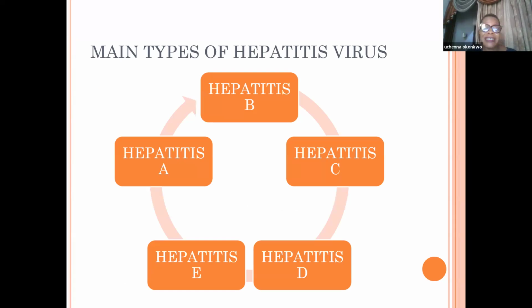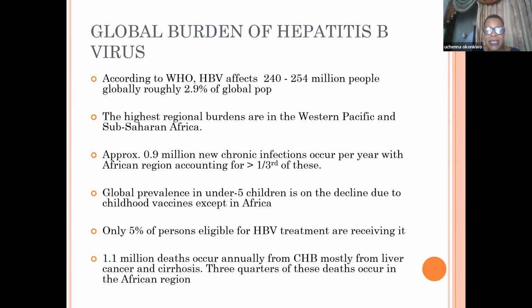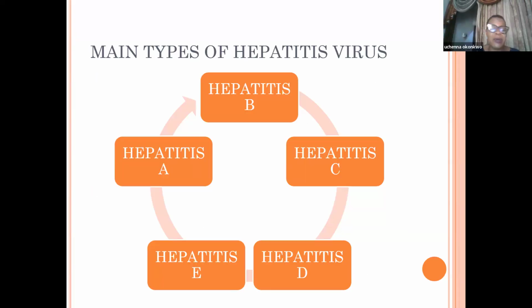And so there are 5 major viruses: A, B, C, D, E. In this discussion, we're just going to zero in on the hepatotropic viruses. We won't bother with other causes of viral hepatitis. Of all the 5 viruses, there are a few not so common ones, which we're not going to talk about.